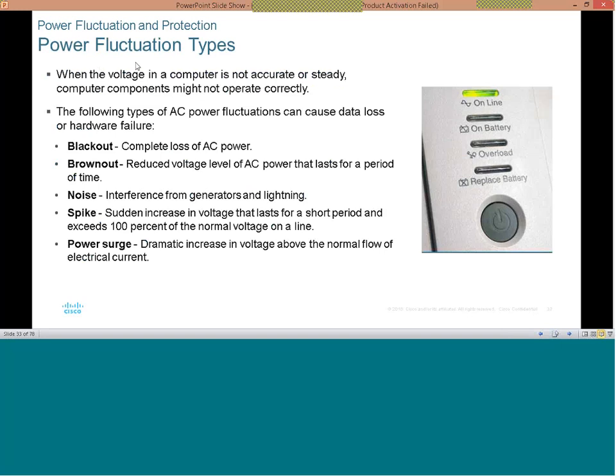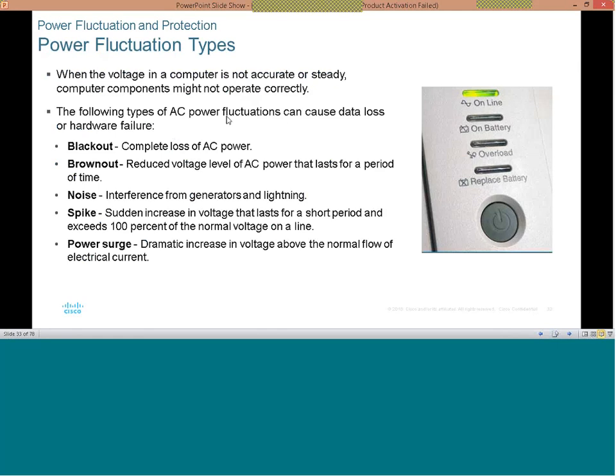We also want to talk about power fluctuation types. When the voltage in the computer is not accurate or steady, computer components may not operate correctly. So here we need to understand that power is important, such that if the right amount of power is not going through the system, it will affect the behavior of the system.